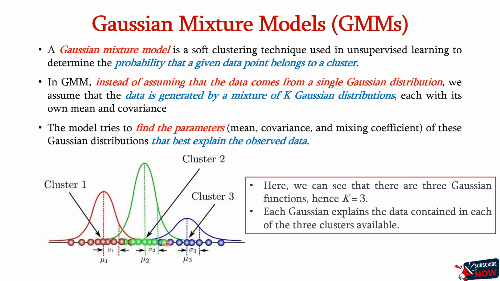In the same way, in this range a point can belong to either cluster 2 or cluster 3. So from this diagram we can understand that the data is not coming from a single Gaussian distribution, but is generated by a mixture of k Gaussian distributions.